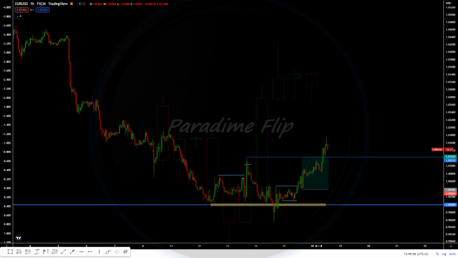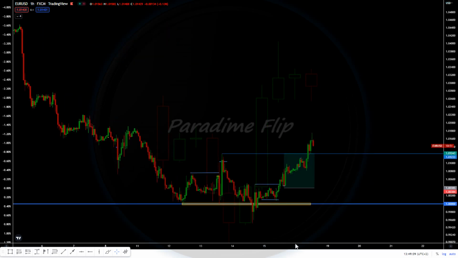Now, if we just zoom into this area, what you'll notice is that price has been trading lower and we reached the level, and we had a consolidation at the level, and we traded below the level.